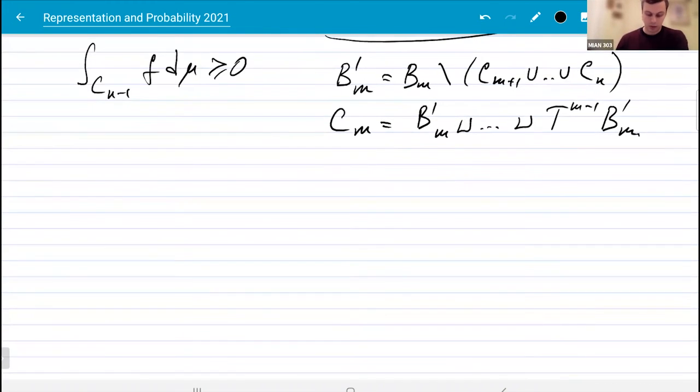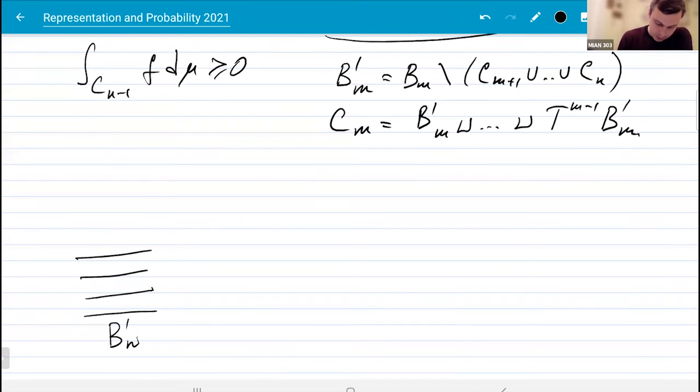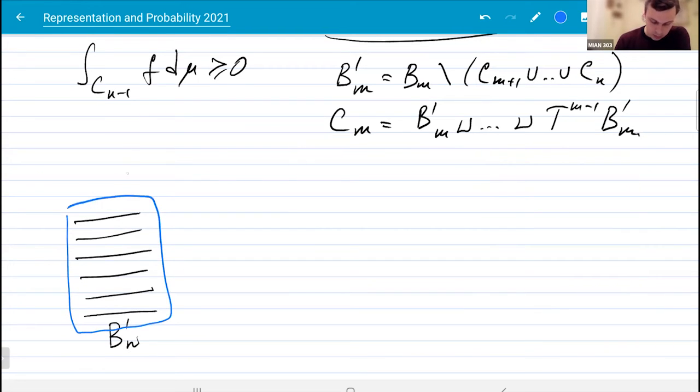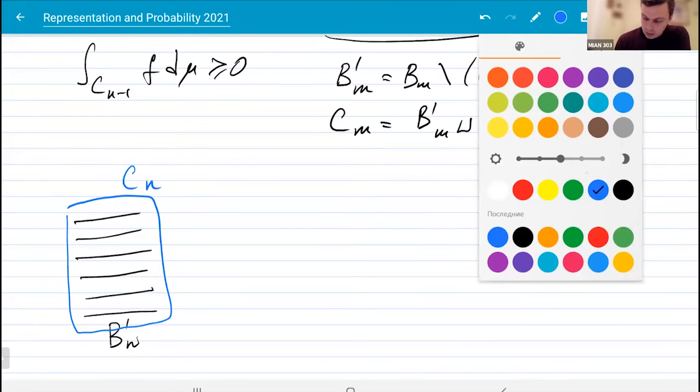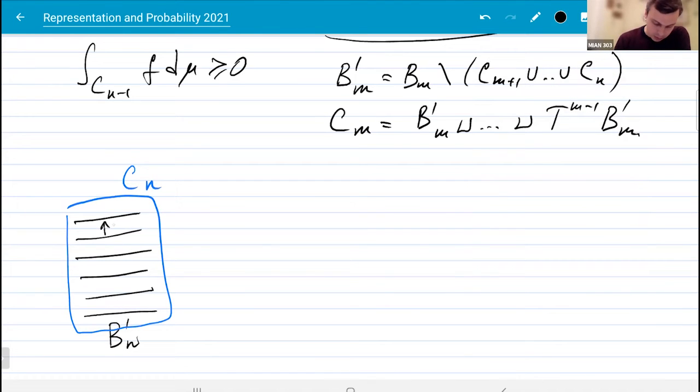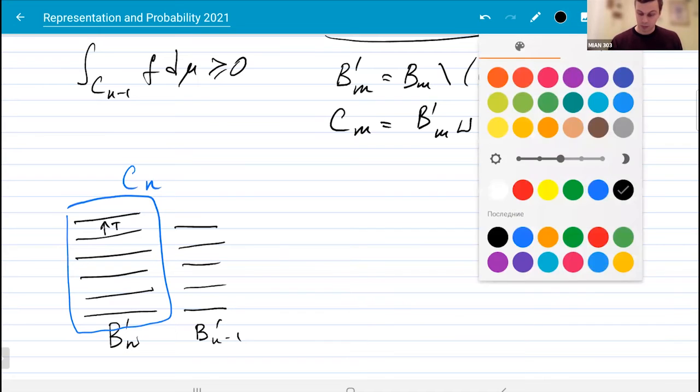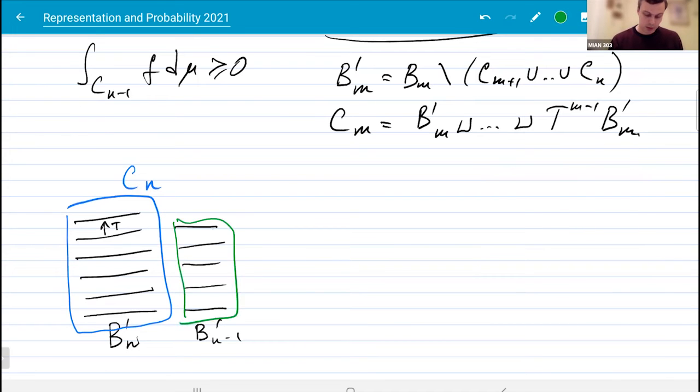Let me draw it like this. So here is B prime n, and this is Cn, and so our map acts as a shift upward. Then I take B n minus 1 prime and take its images, one level less, and so on.